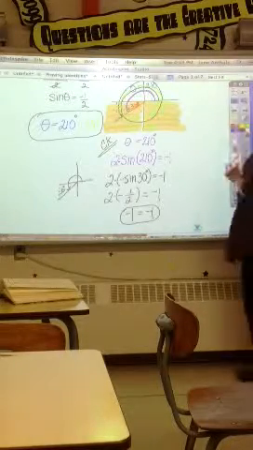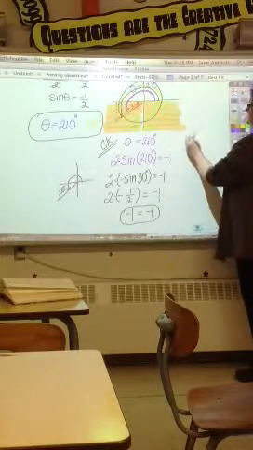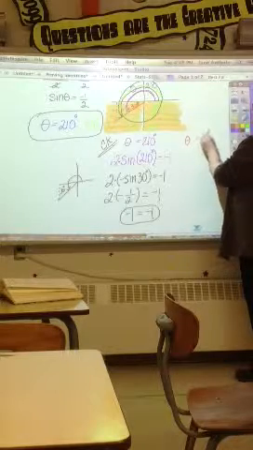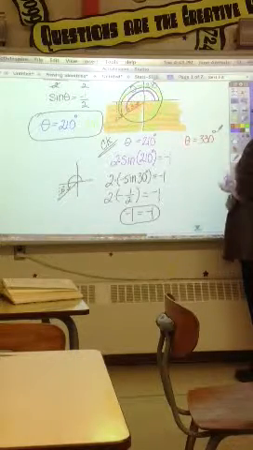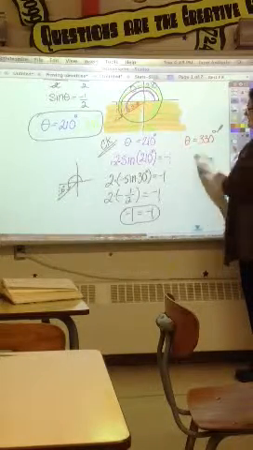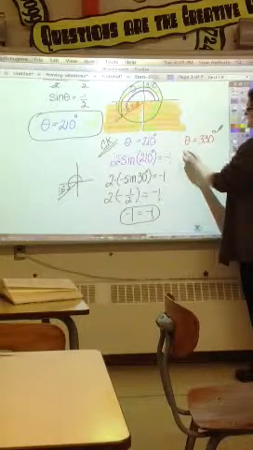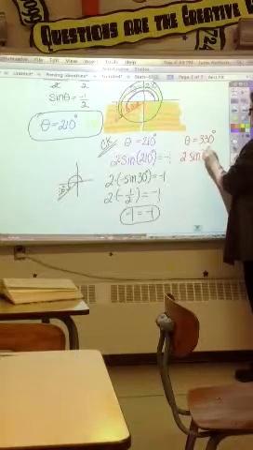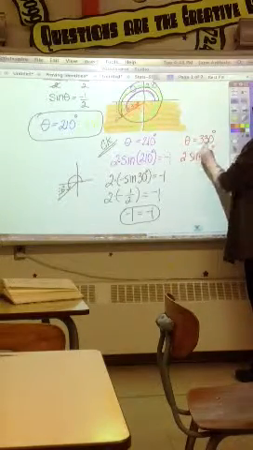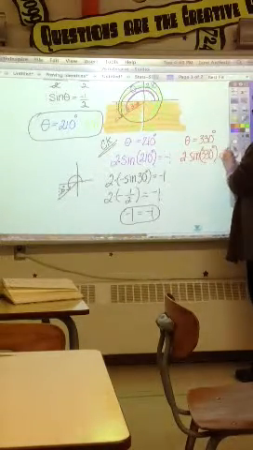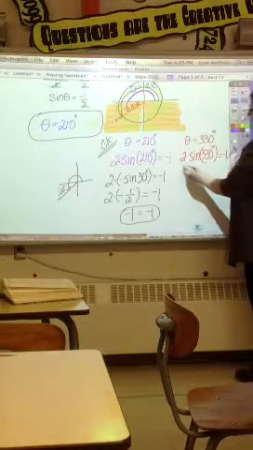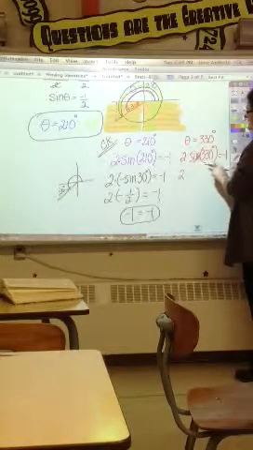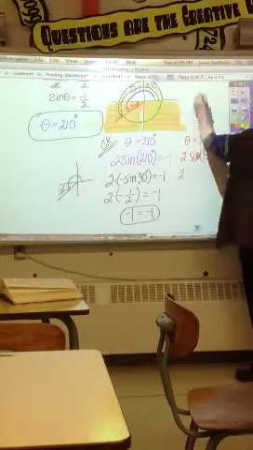Our second check is theta equals 330 degrees, to see if that truly works or if I made a mistake along the way. 2 times the sine of 330 degrees. Is that equal to negative 1? I'm going to write this in terms of its reference angle.